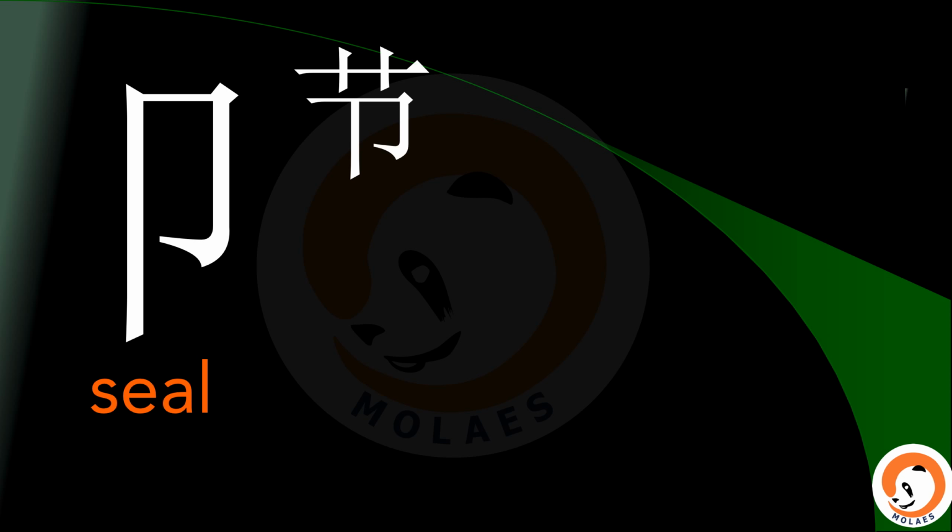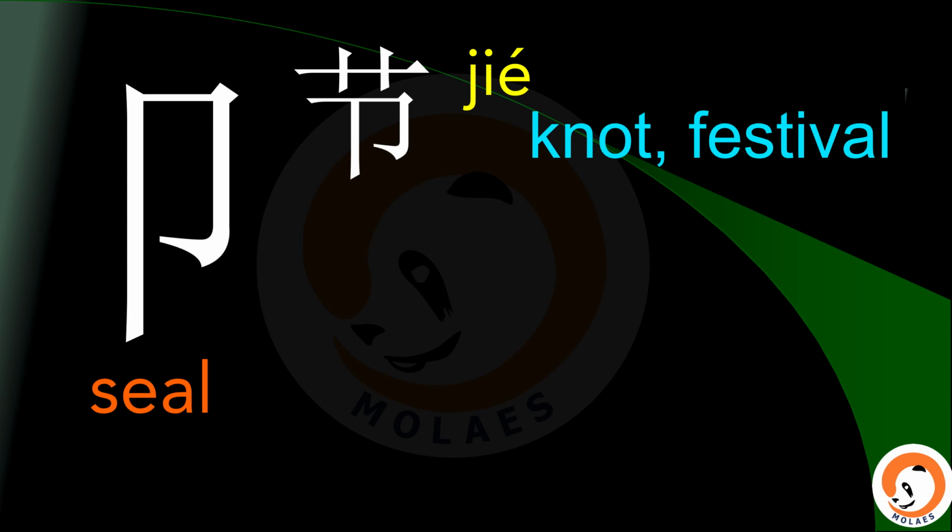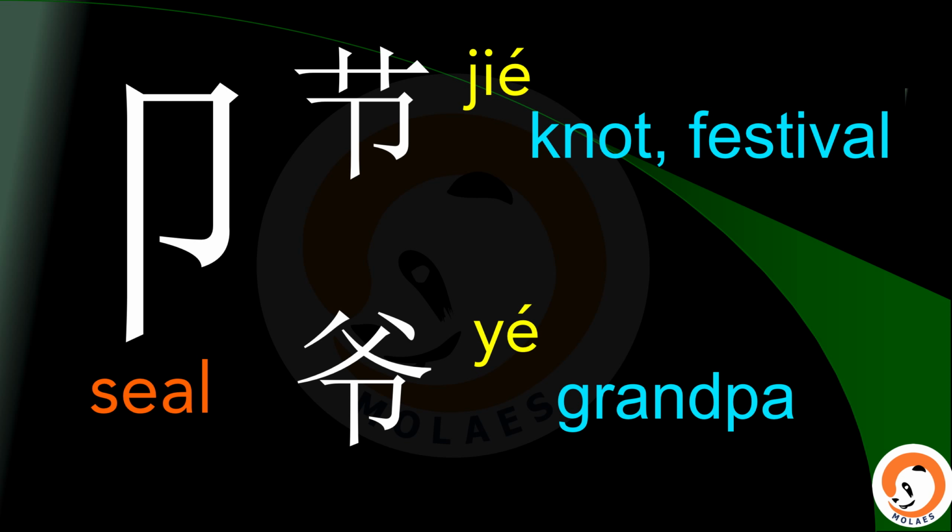Seal radical. 节 means section or festival. 爷 means grandpa. These two characters both contain the seal radical. 节, 爷.